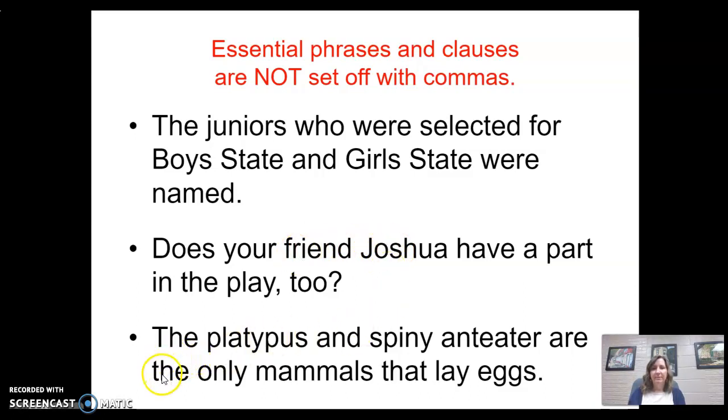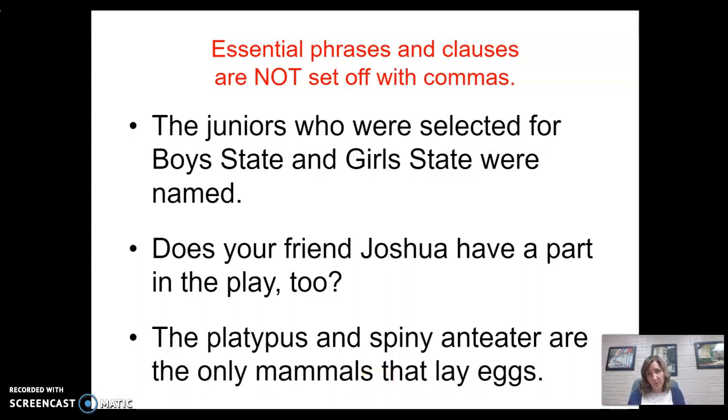And then the platypus and spiny anteater are the only mammals that lay eggs. Okay, "that lay eggs" is the clause in question right here. So do we need a comma? If we put a comma here, that's saying that it would be non-essential. The sentence would say the platypus and spiny anteater are the only mammals.